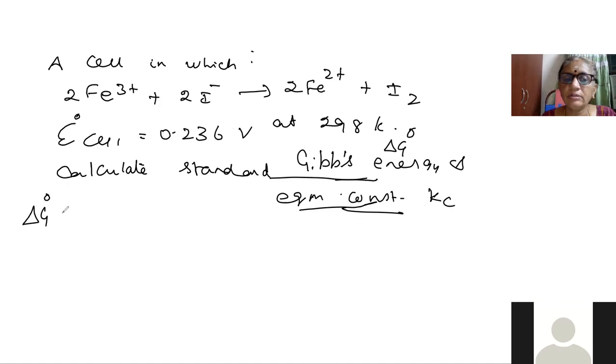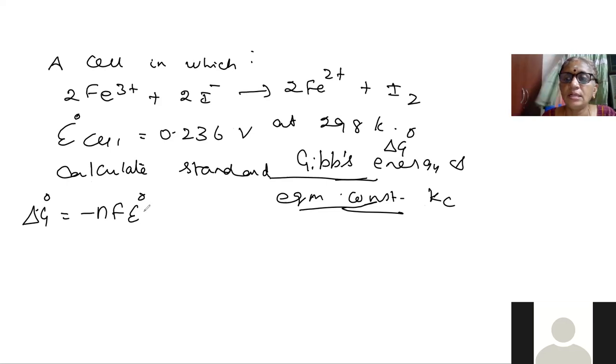Del G naught is equal to minus nF E naught. You should remember all the formulae. I was checking in offline class, and most of the students don't seem to remember the formulae. There are only a limited number of formulae for each chapter, and if you are not thorough with them, I can't do anything.